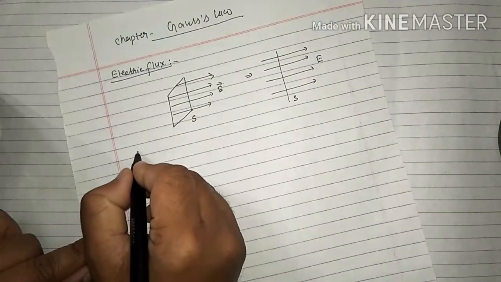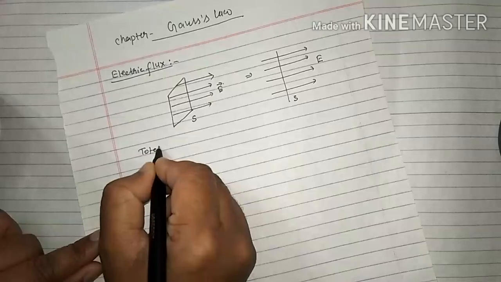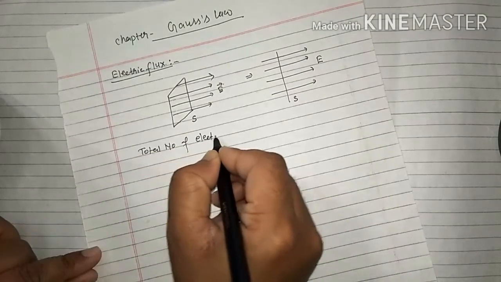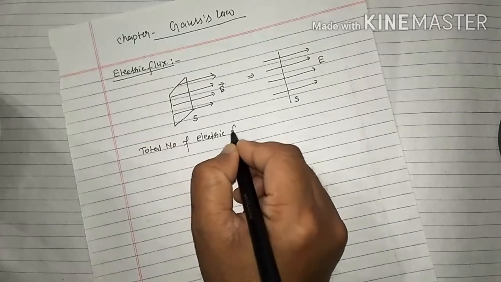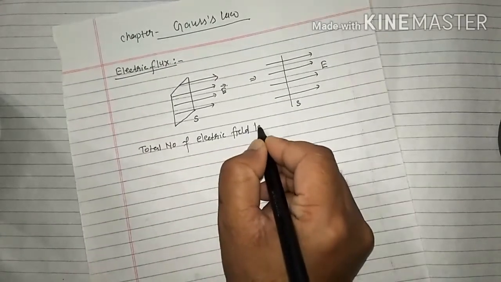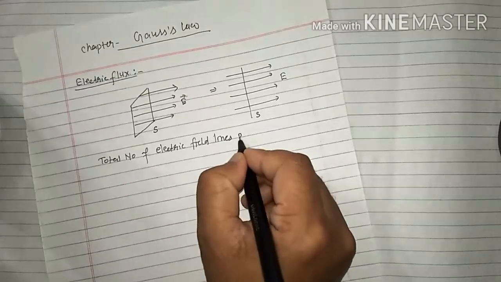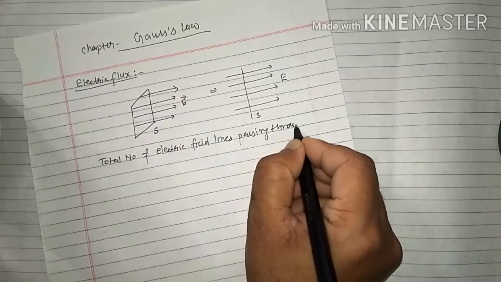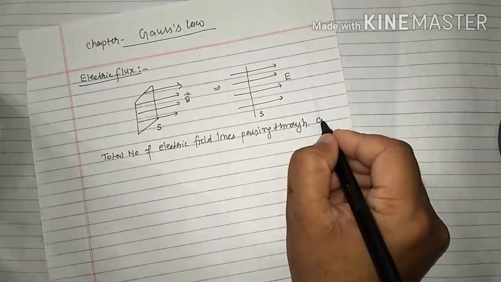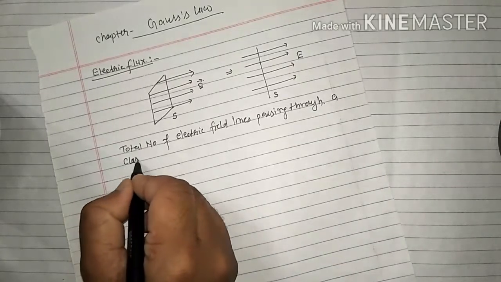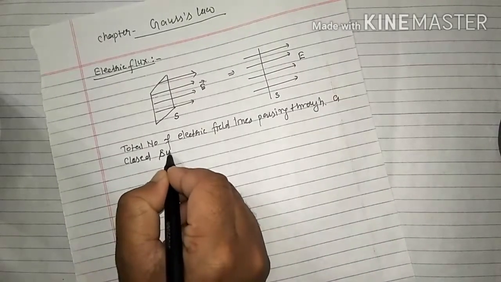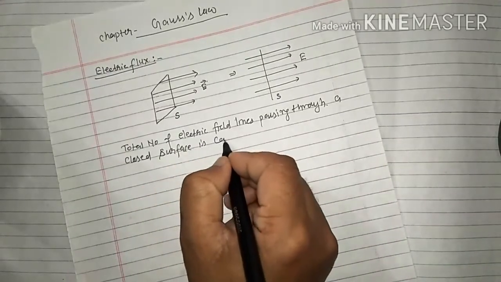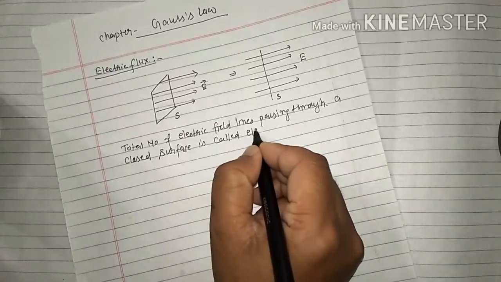So electric flux may be defined as the total number of electric field lines passing through a closed surface is called electric flux.